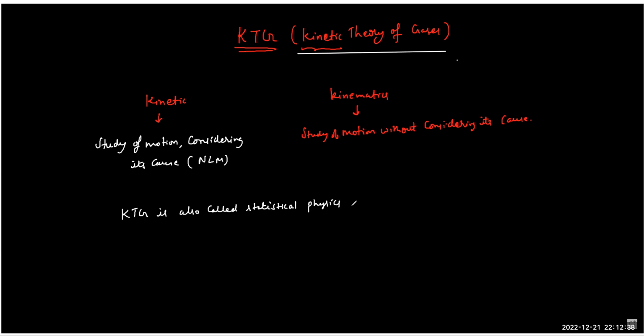Now you may be wondering what is statistical physics. So the word statistics you have studied in mathematics, right? There's a chapter there. There you study about the mean, average, standard deviation, variance, frequency distribution, and so on.